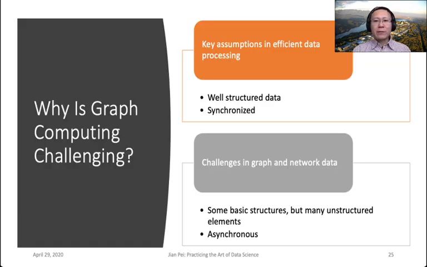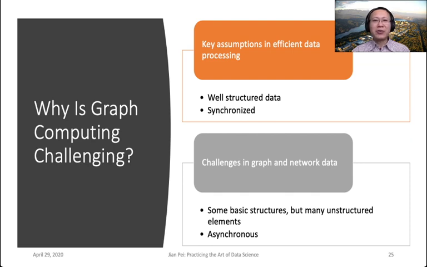Why is graph computing challenging? Remember, when we do efficient data processing, we are holding two key assumptions implicitly or explicitly. The first assumption is that we have well-structured data. The second assumption is that the data are synchronized.